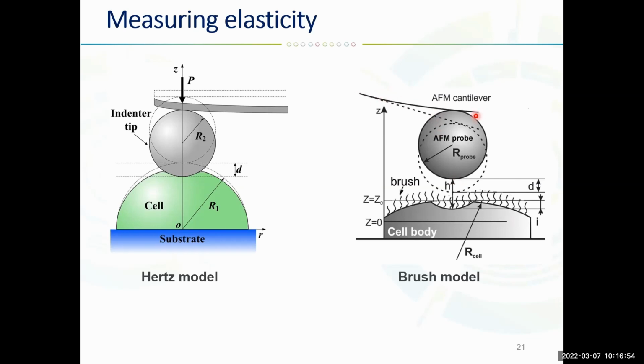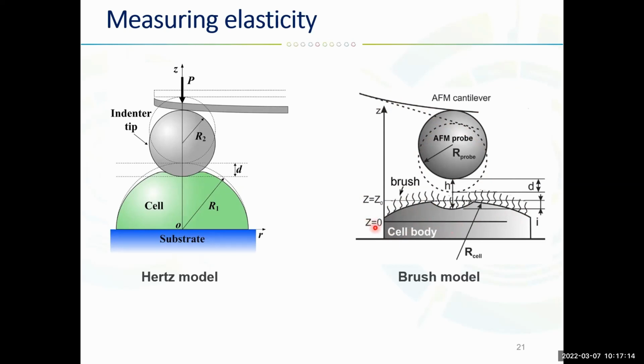So you can see the solid line and the dashed line for the cantilever position. Z0 is the non-deformed position of the sample. And the E here is the deformation of the sample.